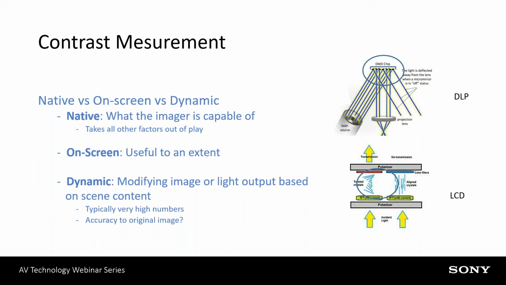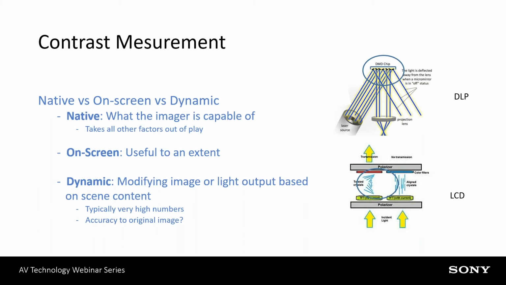Or conversely, in a dark scene, I'll take the iris and close it down. Or I will take the image and drive the imagers a little bit harder for a very bright image, and conversely back off a little bit on a very dark image. Or maybe I'll do a combination of both. Dynamic contrast will give you higher numbers.